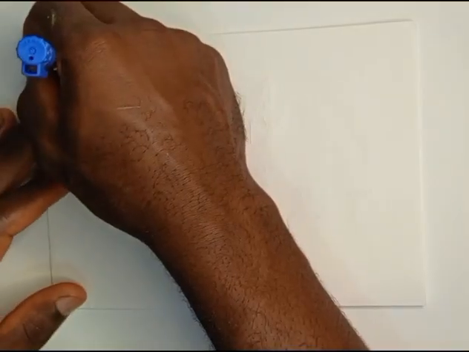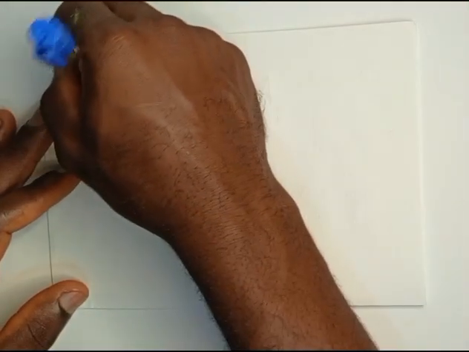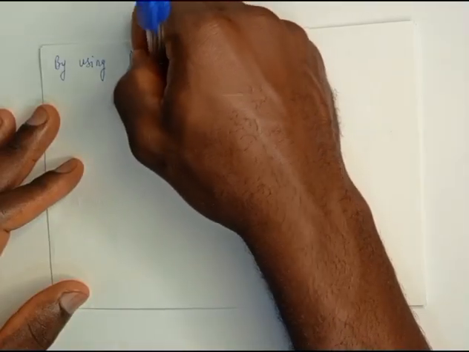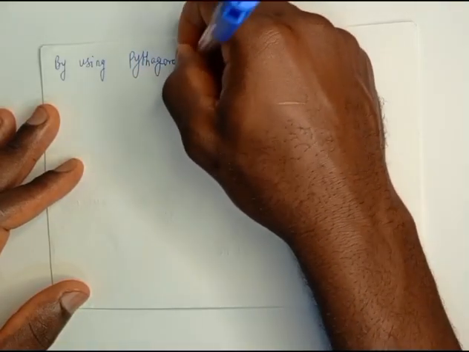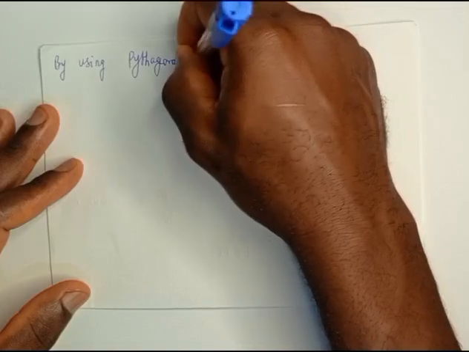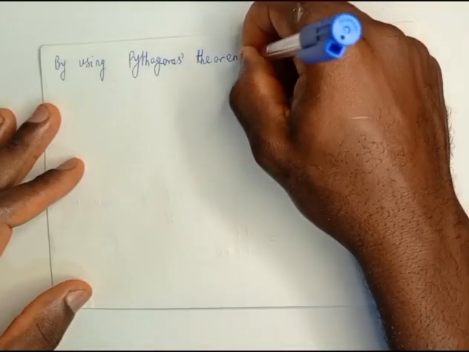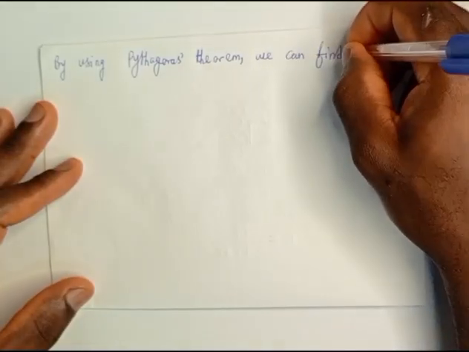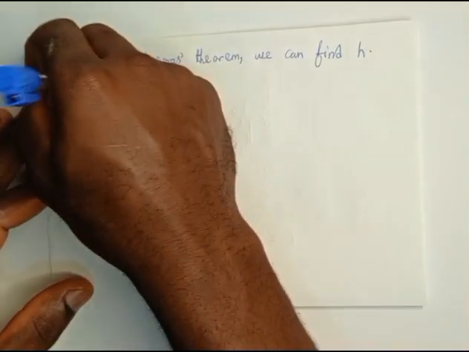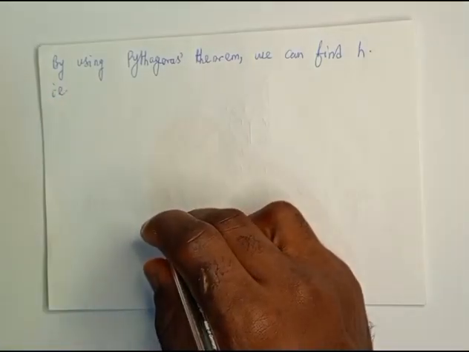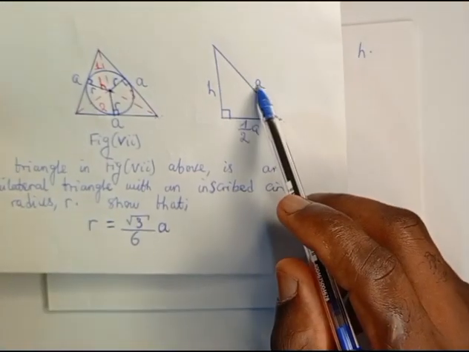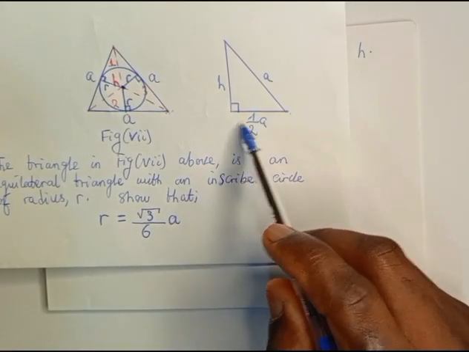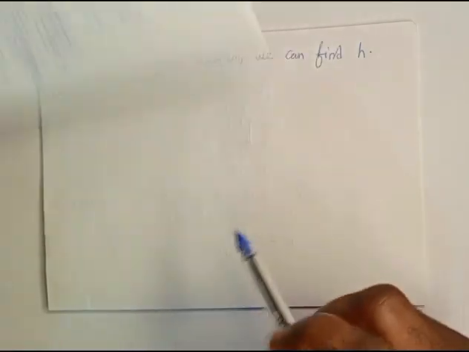By making use of Pythagoras theorem, we can find H, which is this vertical height. If we make use of Pythagoras theorem, this will give us A squared equal to H squared plus a half A all this squared.